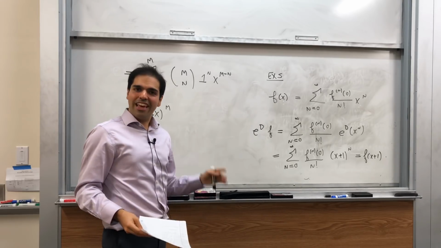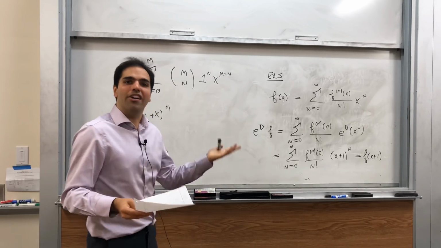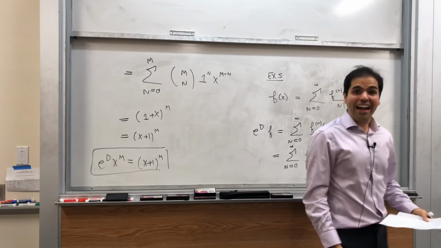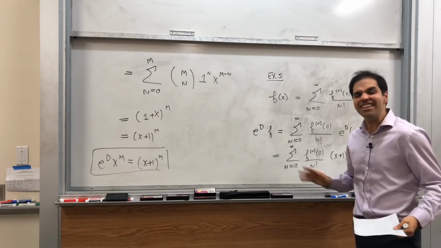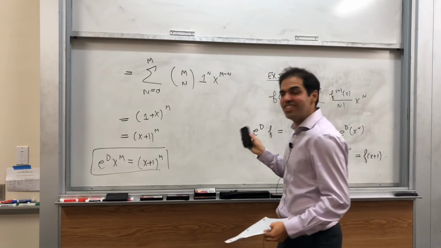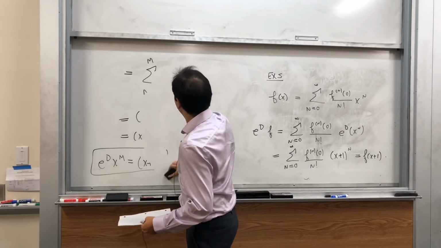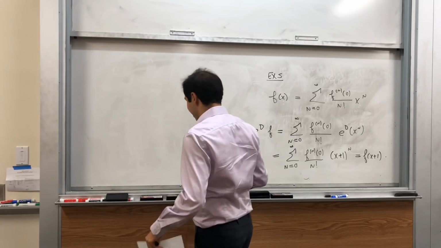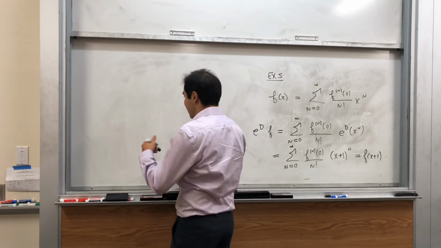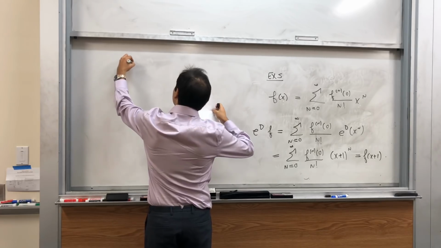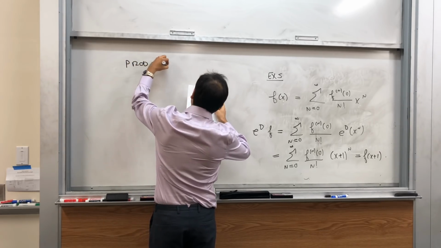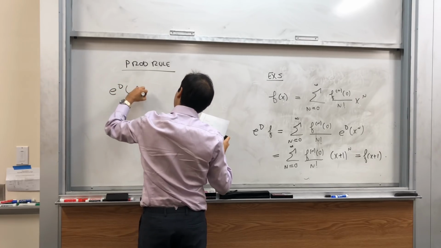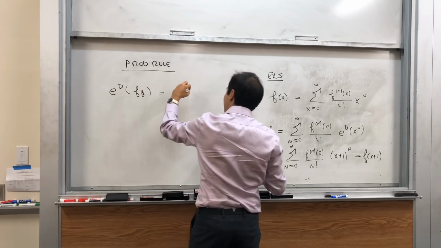Lastly, what I want to say, and we may ask, is there a product rule for exponential derivatives? In fact, there is, and it's very neat. It's in fact much neater than the product rule for the regular calculus. Okay, so let me show you the product rule. Let's calculate the exponential derivative of f times g.